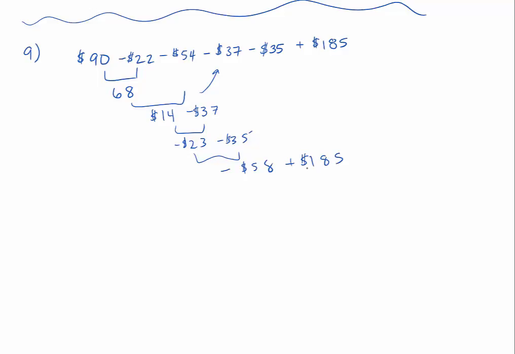That should make sense, that we're adding that money. So negative 58 plus 185, and I get positive 127. And if we look at our options, that is D.